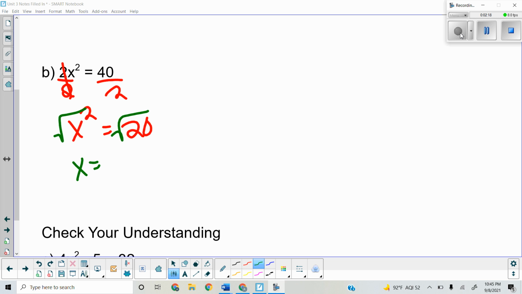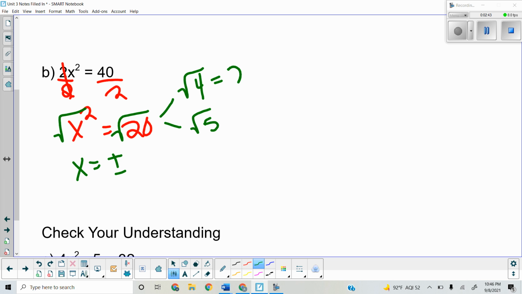our answer here is going to be a little different. Instead of just positive and negative square root of 20, we're actually going to break down 20. So some factors of 20, square root of 4, and square root of 5. The reason we're breaking this down, we know what the square root of 4 is.